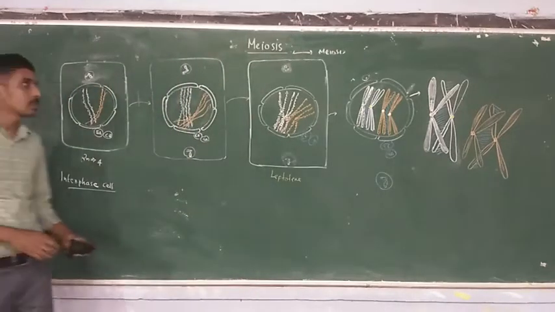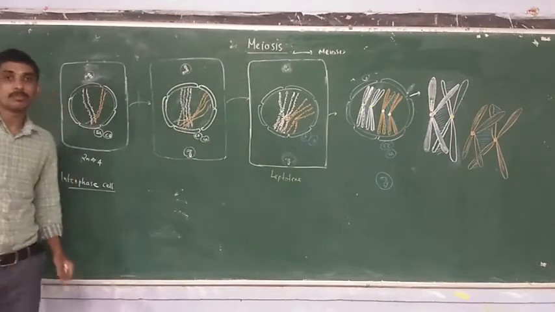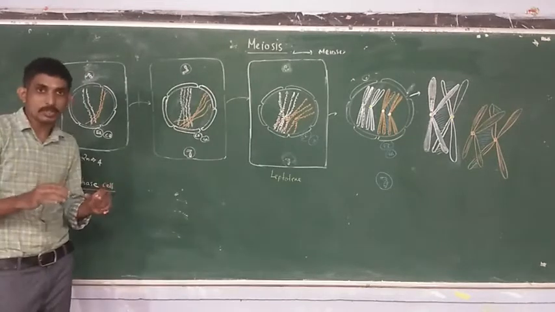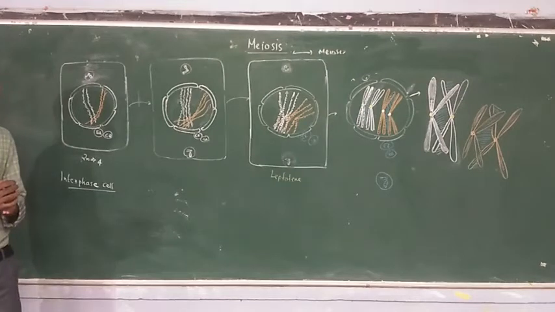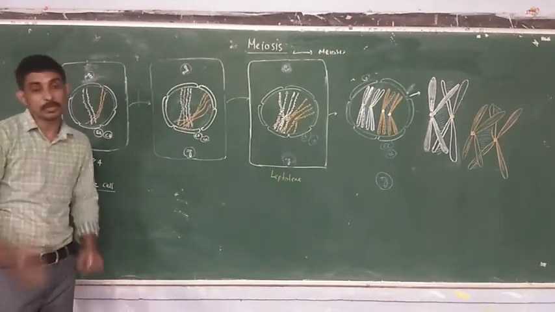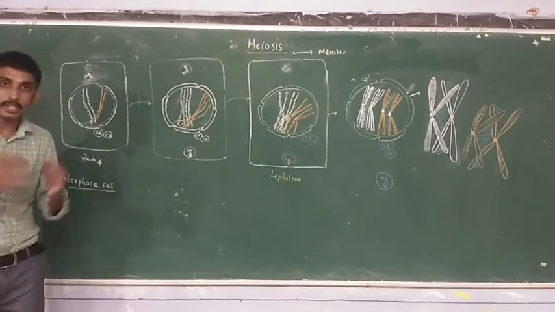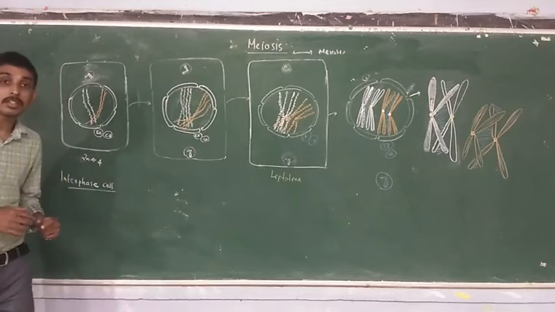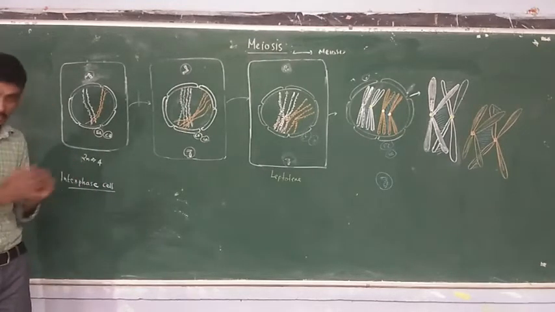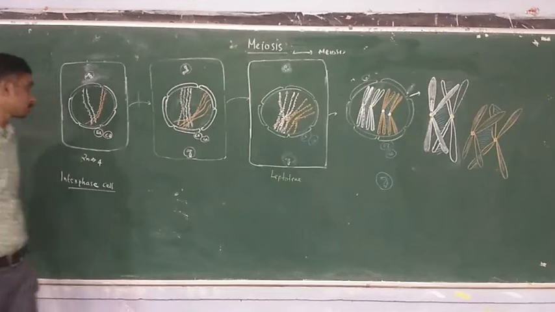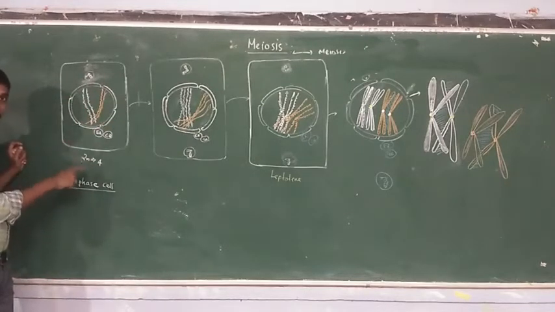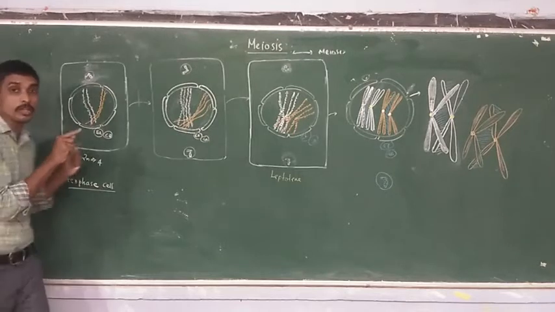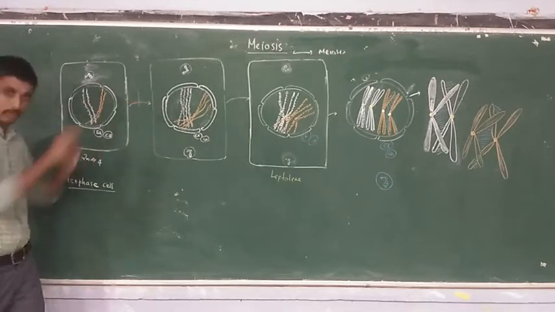Before the starting of meiosis 1, we have to understand the interphase of meiosis. We have to understand the structure of the interphase cell of meiosis. Look here, this is the structure of the interphase cell which is going to enter into prophase 1.